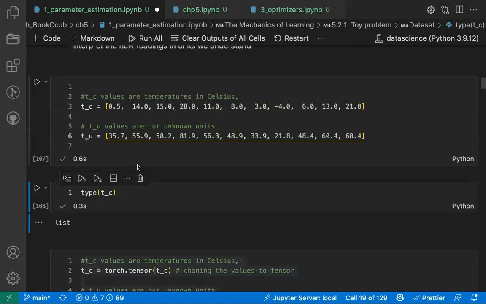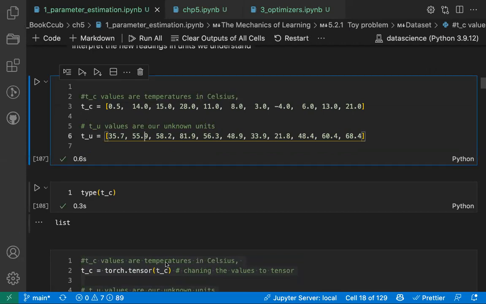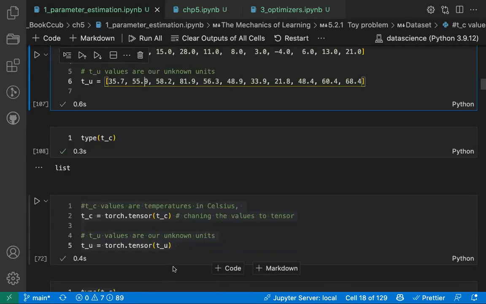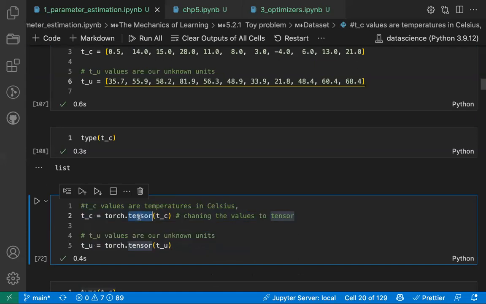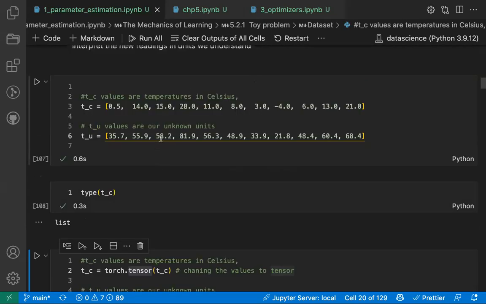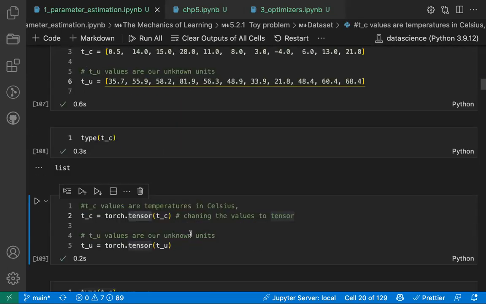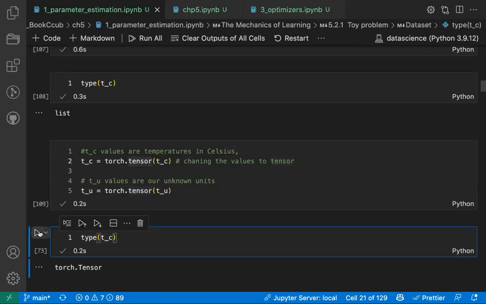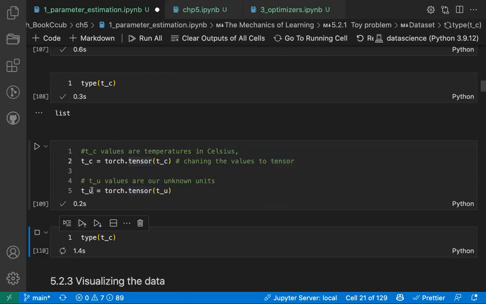We can see this is a list, and this is also a list, but we want to construct them into tensors. So let's change them to tensors. This is the temperature in the unknown unit, and this is in Celsius, and now both are in tensor format.